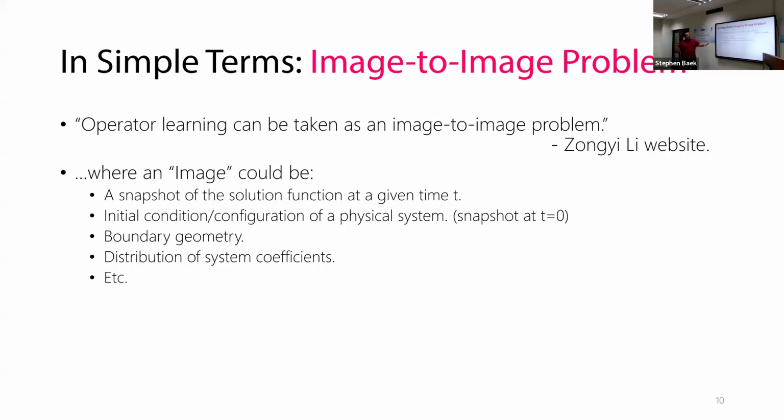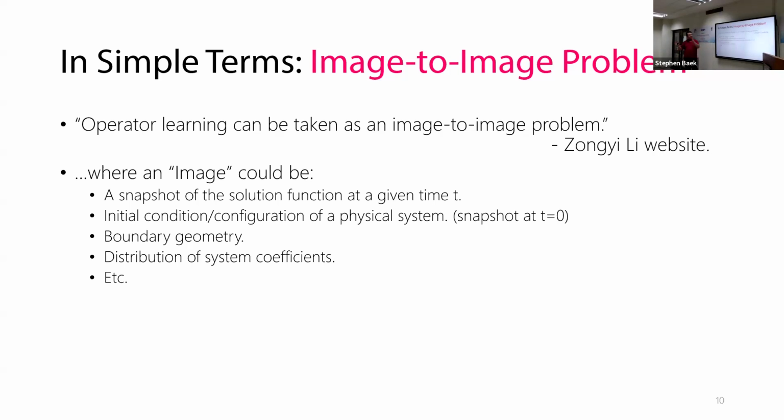Given that, a neural operator is essentially just an image to image mapping neural network. The image could be various different things. For example, an image could be a snapshot of the solution function at a given time t. That's usually the output that we want to predict, right?